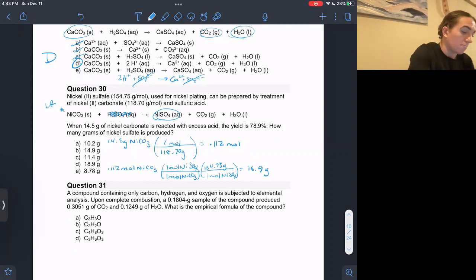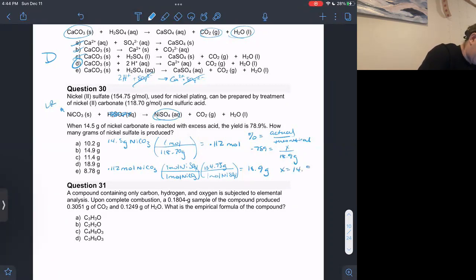Okay, so then my percent yield equation is actual over theoretical. So I have 0.789 is equal to X over 18.9 grams. So X is equal to 14.9-ish grams. And that's B. Awesome.